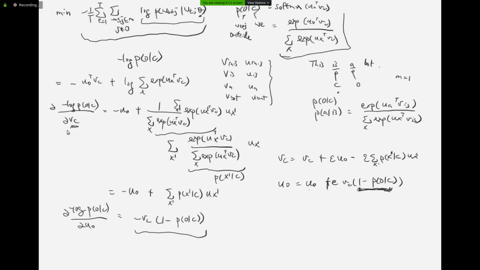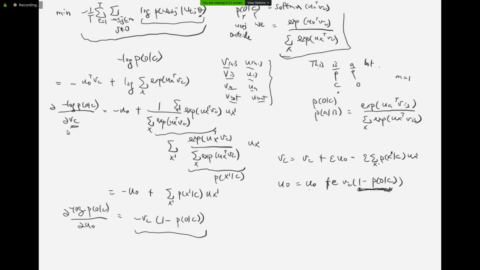One more remark I want to make: for each word here I actually have two word vector representations, right? I have U this and V this, U is and V is, and so on.